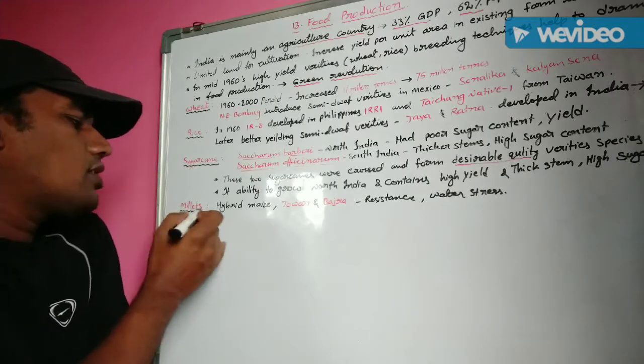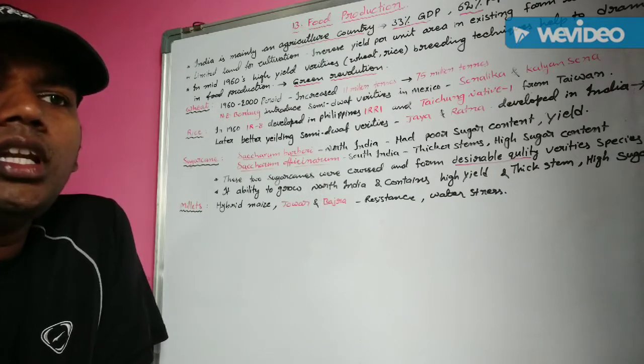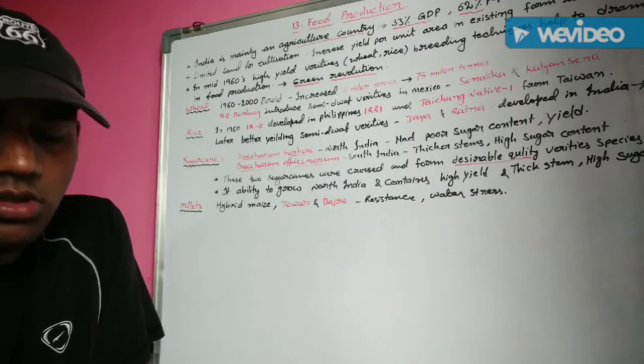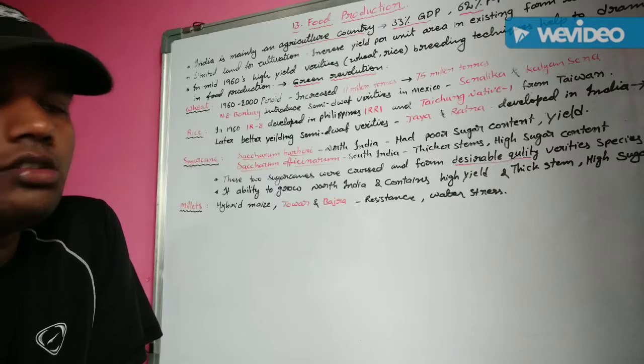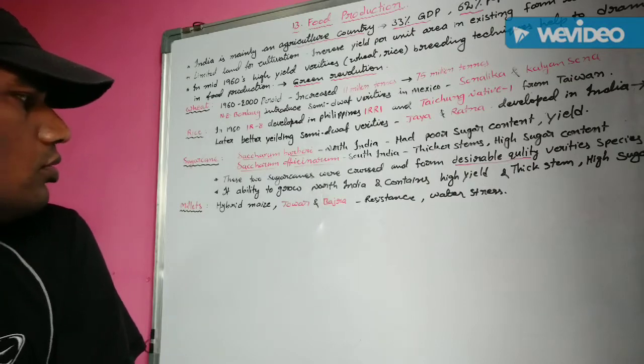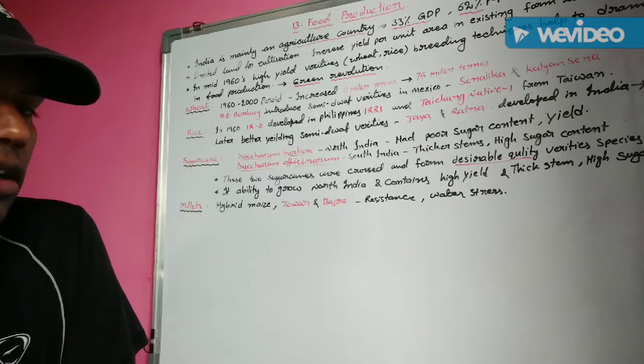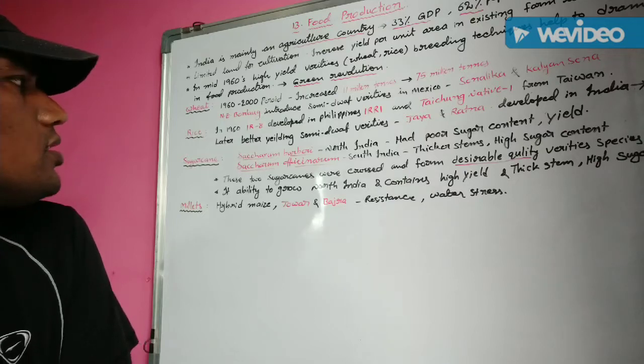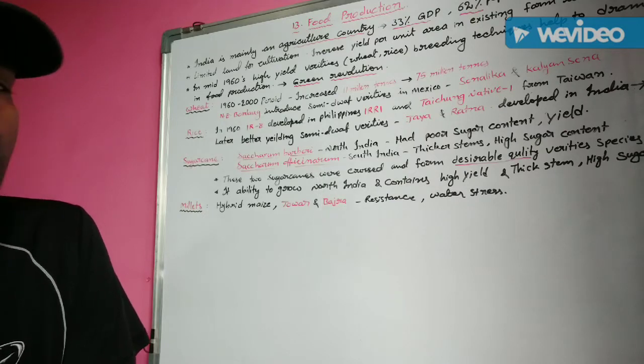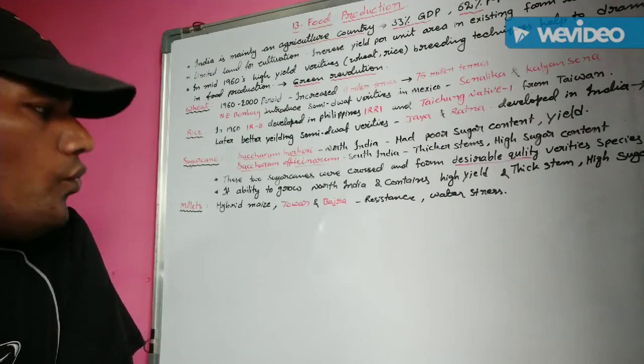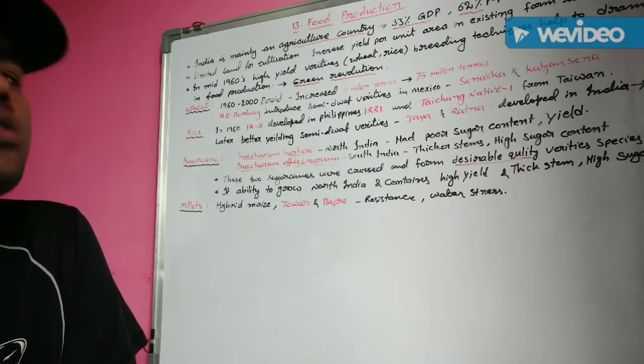Next one, millets. Millets are also, the production increased in the period from 1960 to 2000 because of the introduction of new varieties and hybrid varieties.